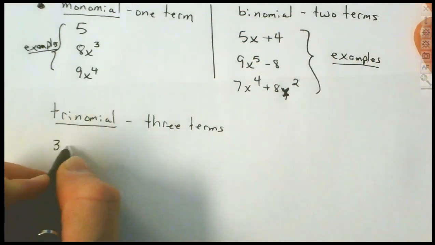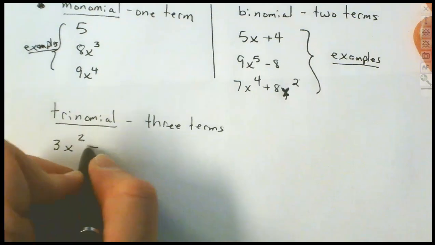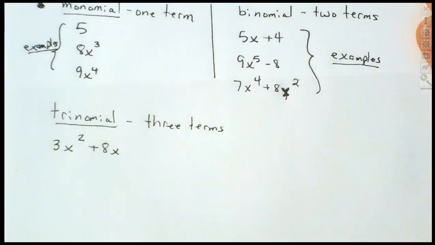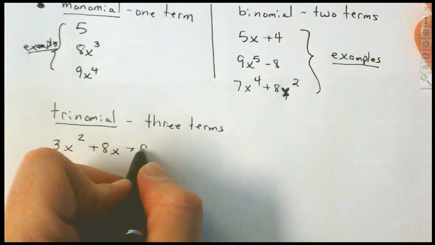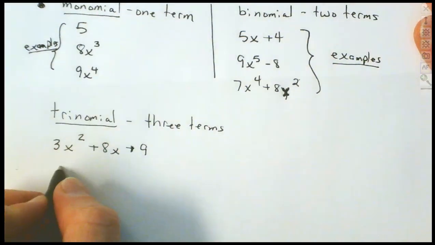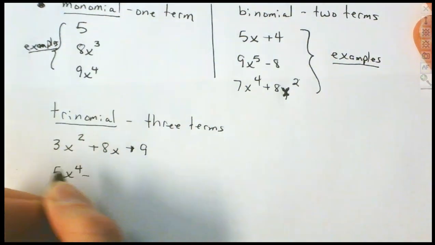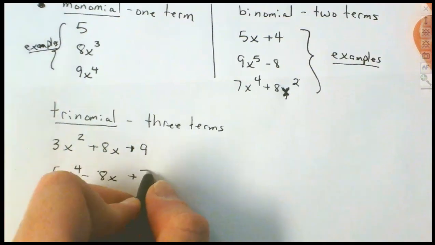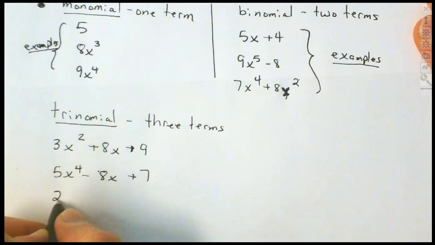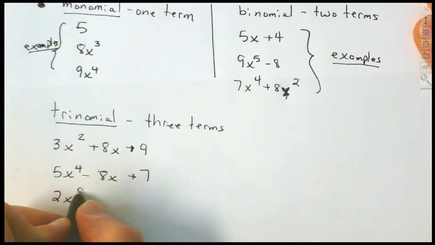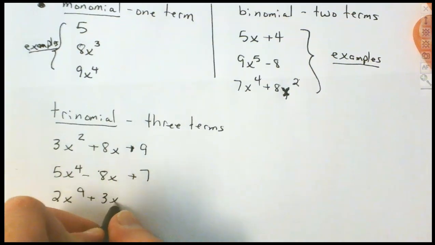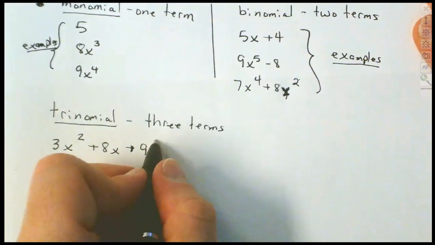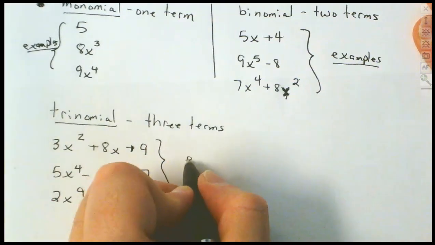And these are examples of trinomials. 3x squared plus 8x plus 9. 5x to the fourth minus 8x plus 7. How about 2x to the ninth plus 3x minus 4? Okay, these are all examples of trinomials.